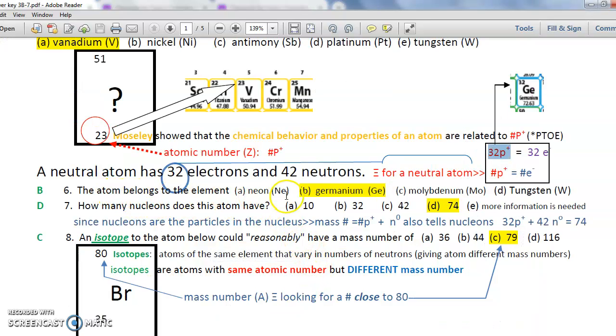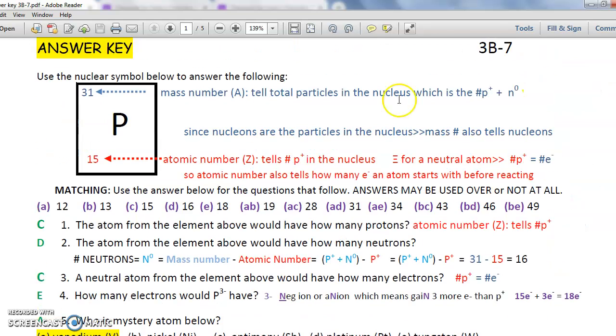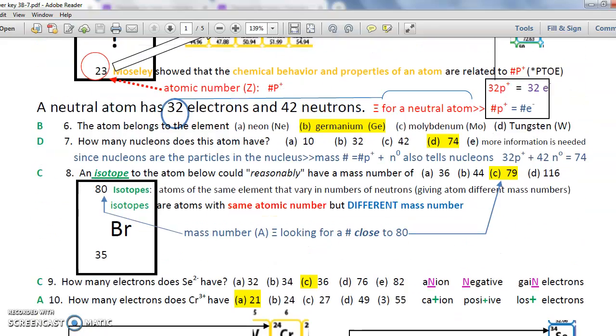Oh, question 6. The element belongs to what? Germanium. How many nucleons does the element have? We recall that nucleons are any particle in the nucleus. Essentially, nucleons are the mass number. However, if we read this question right here, how many nucleons does it have?